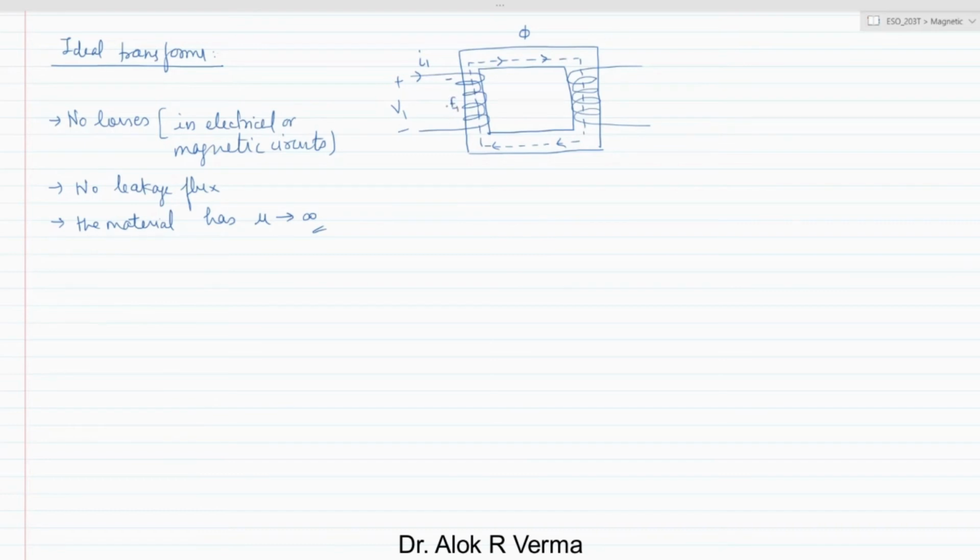When it is magnetizing, it produces an induced EMF which is opposite to the polarity of the applied voltage. So if E1 is the induced EMF, then E2 will be the voltage appearing across the secondary, and when no load is connected, the terminal voltage will be equal to the induced voltage. Now take the reference as the flux, phi m sin omega t. This phi m is produced by the magnetizing current, which will be in phase with the flux.